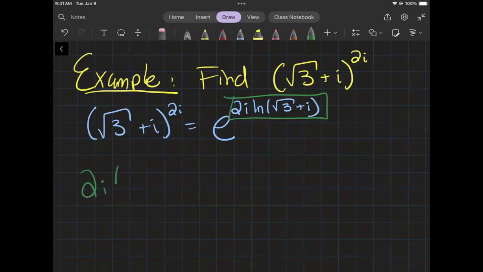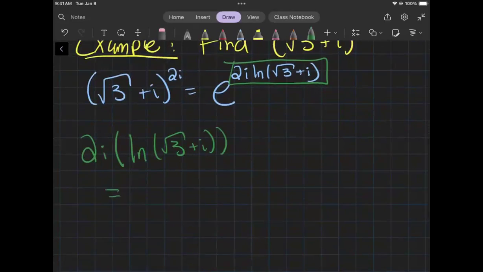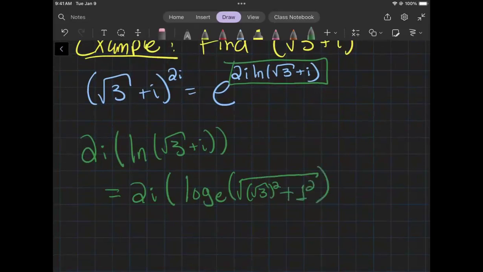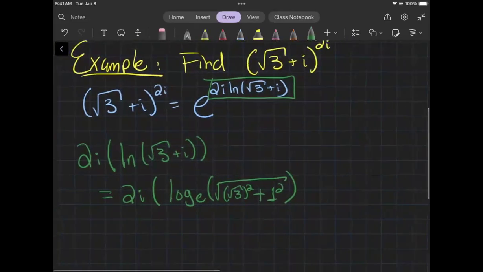So 2i times the natural log of the complex number root 3 plus i. By definition, this equals 2i times log base e of the modulus of root 3 plus i, which is the square root of root 3 squared plus 1 squared, plus i times the argument.